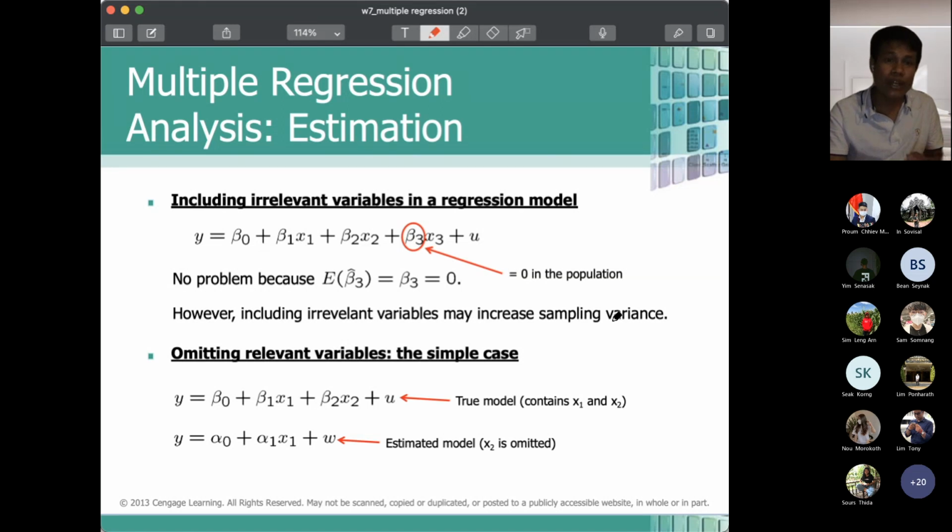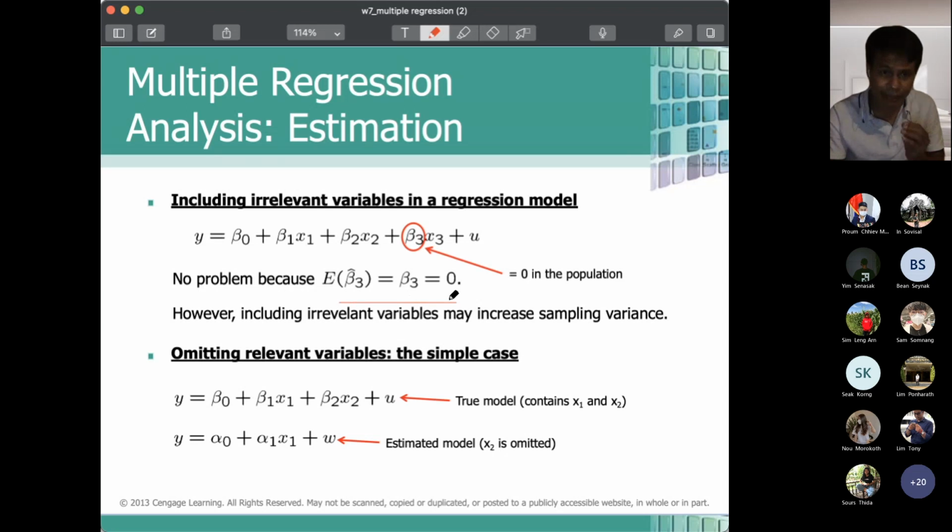What happened? Will the model produce an unbiased estimate? When you include X3 in the model and it is an irrelevant variable, normally the expected value of delta hat 3 is equal to 0.